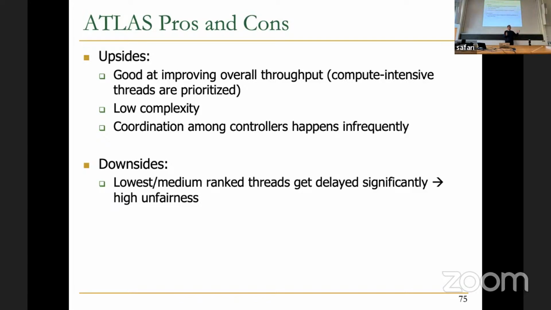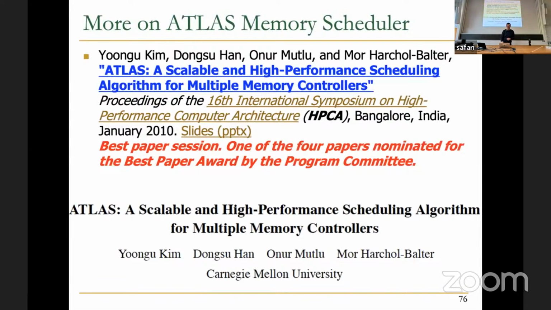The least intensive threads consistently get prioritized, so that's good for performance. The most memory intensive threads usually consistently get deprioritized, but for the middle threads, there's no provision for them, in a sense, right? They keep getting delayed significantly, and as a result, this leads to high unfairness. But again, this may be not a bad controller to build, and you can read more about it.